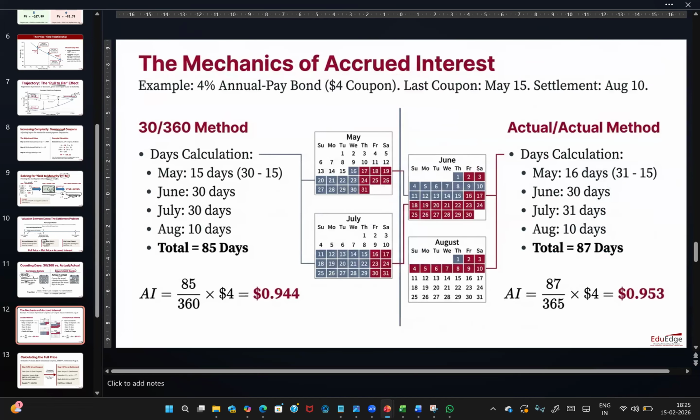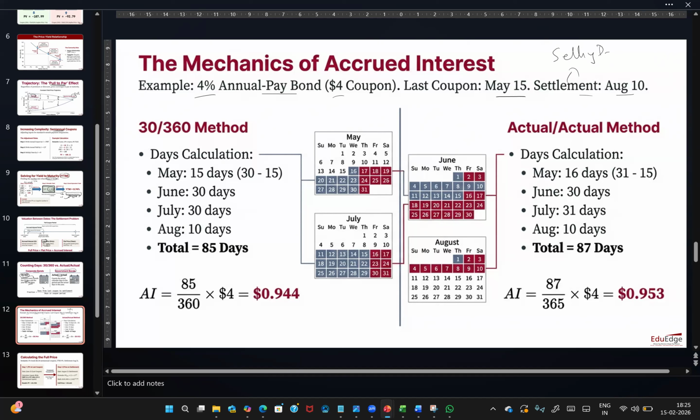How will the difference happen? Here we are taking a simple example. It's a 4% annual pay bond, which means the coupon rate is $4. The last coupon was paid on 15th of May. Say the settlement of this is on 10th of August. What is the settlement? It means that it's planning to be sold on this date.